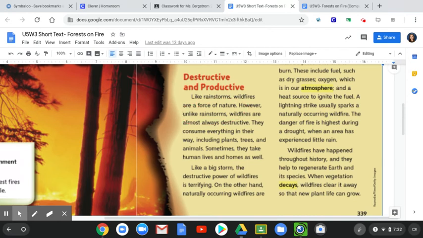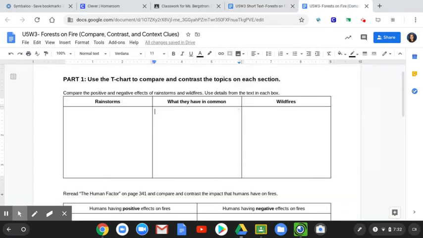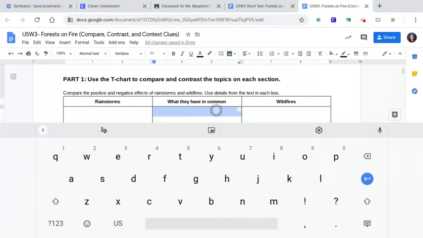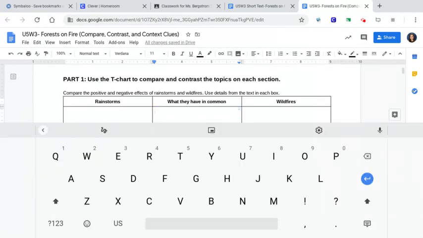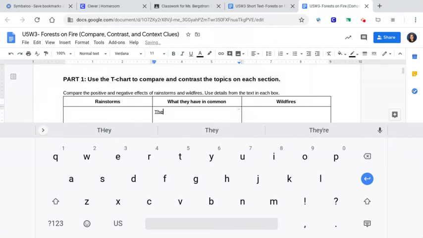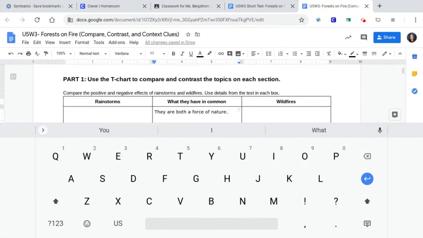So let me flip back to my notes page here, and you can actually use this same detail that I'm using. I'm just going to paraphrase, but you're going to use evidence from the text. They are both a force of nature. Period.